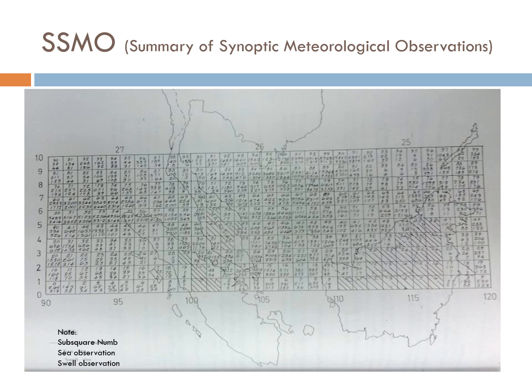And all these are sent to an international organization that compiles all the observations in order to give us the offshore or deep water wave condition. This collaboration around the world is known as the Summary of Synoptic Meteorological Observations.